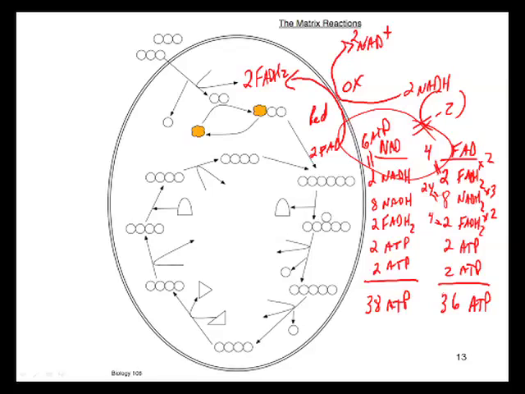So we're losing 60% of that energy. Where does it go? What did I say? It's lost as heat. When you break chemical bonds, heat is generated. And that heat helps to maintain your body temperature.